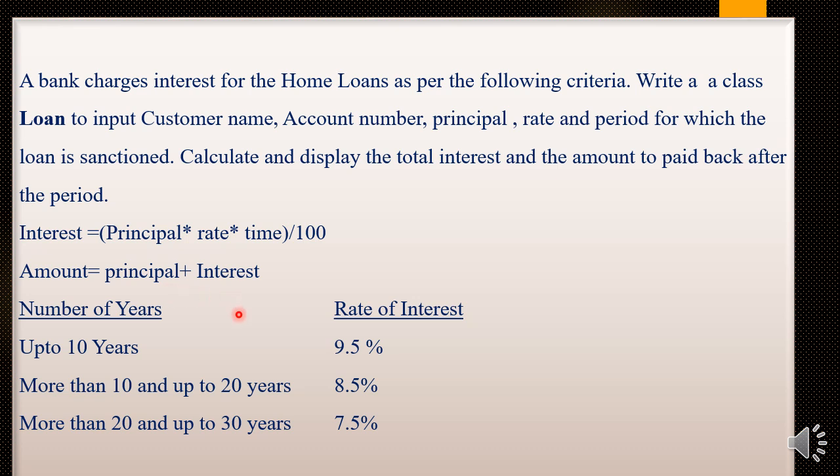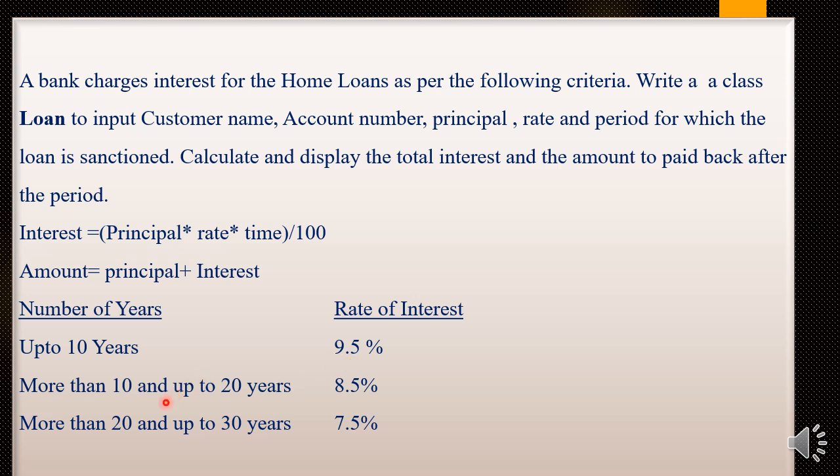But the rate of interest is not same for every period. The rate of interest varies according to the number of years. So this is a slab based calculation because the rate varies depending upon the number of years. For the first 10 years, the rate of interest is 9.5%.